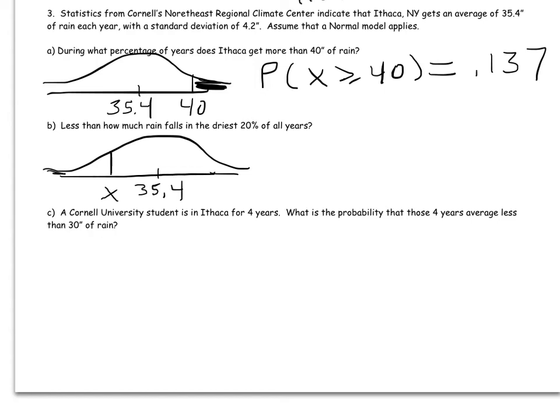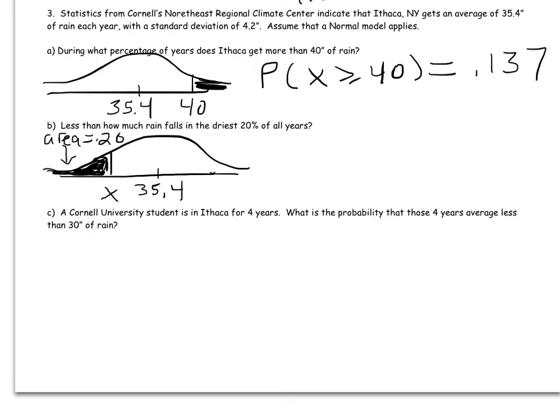So they're telling me the area under the curve here is 20%, and I put that on the leftmost part of the graph because it's for the driest years. If it was the wettest years, I would have shaded the right tail for 20%. So this is the driest years. So I know that the area here is 0.20. So I'm looking for that x value.